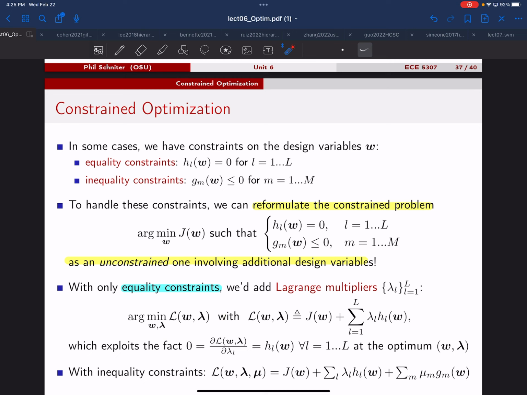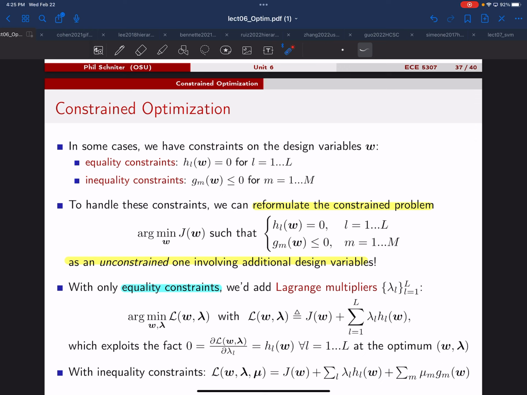Yes? Wouldn't there be the trivial solution of lambda equals 0? Because then you don't have any of those additional costs, and it's just the cost of j of w. So the key thing to remember is that there's going to be an optimal lambda, because when you do this minimization, you're jointly minimizing over w and lambda.